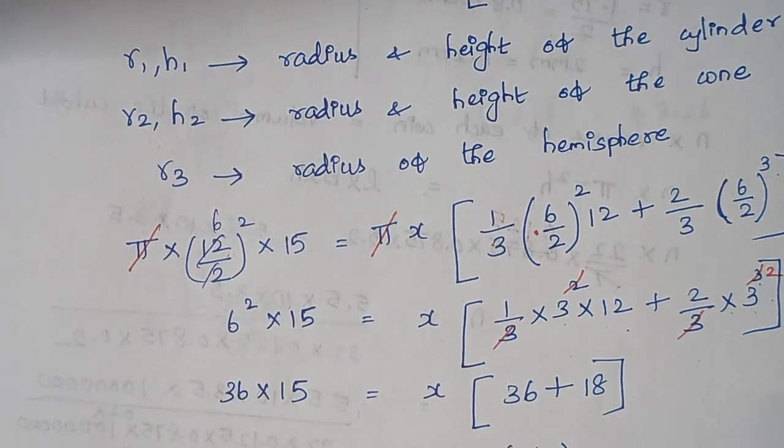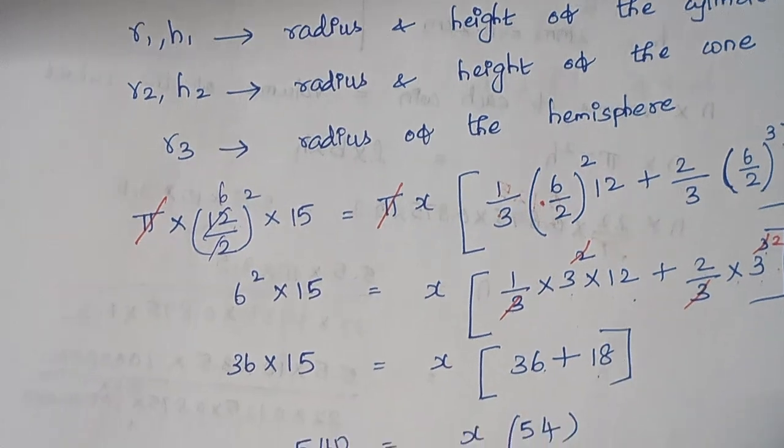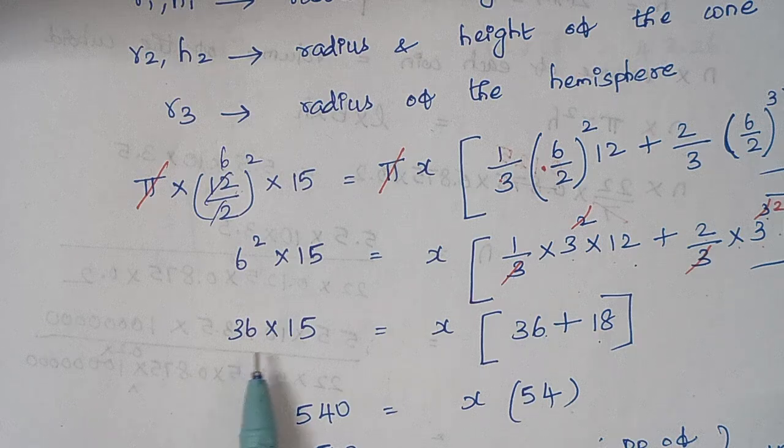So finally you see 6 square into 15 which is nothing but 36 into 15 and here x into 12 3s are 36 and here it is 3 square. So 3 3s are 9 and 9 2s are 18.